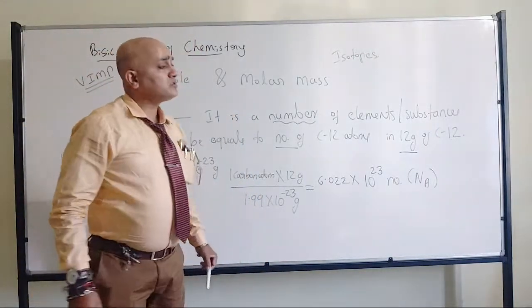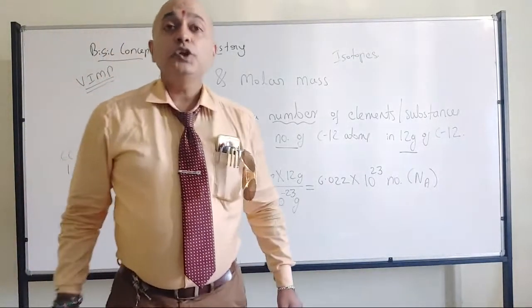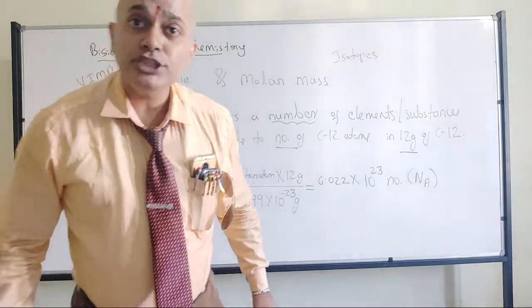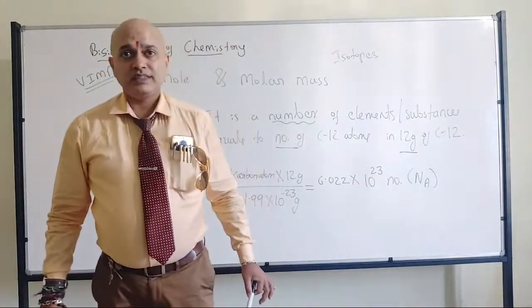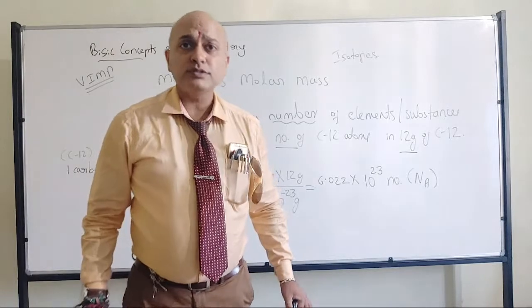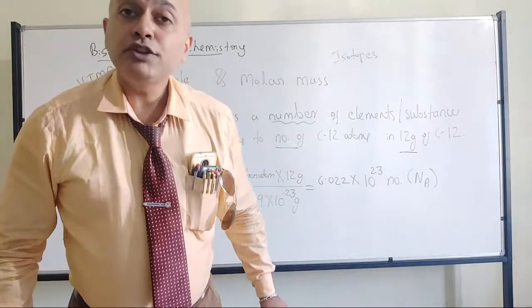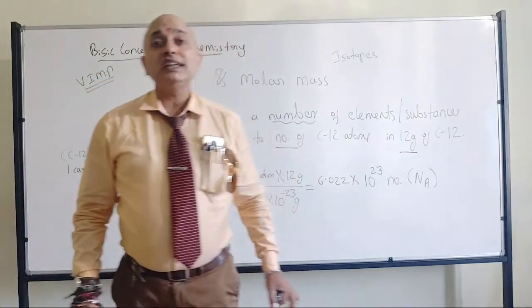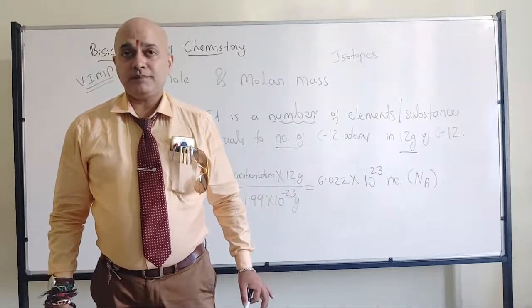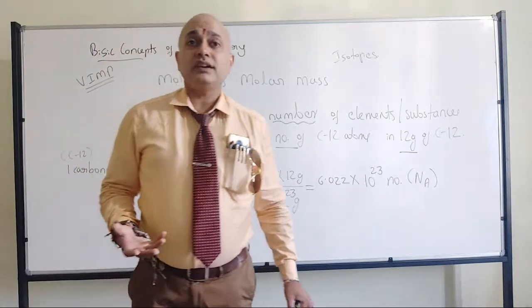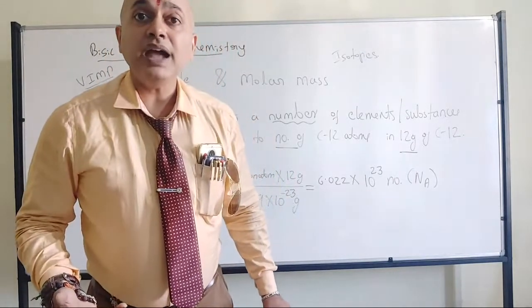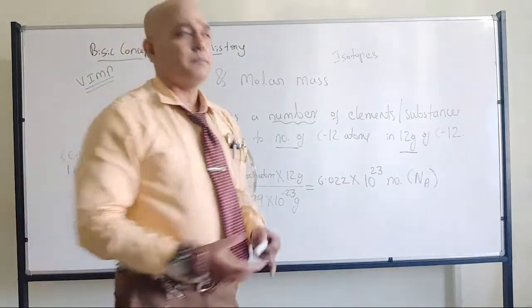Isotopes are those group of elements which occupy the same position in the periodic table. How is it possible, sir? That is because they have the same atomic number.